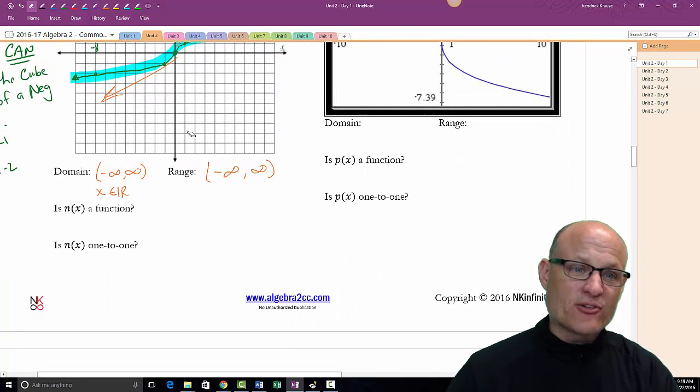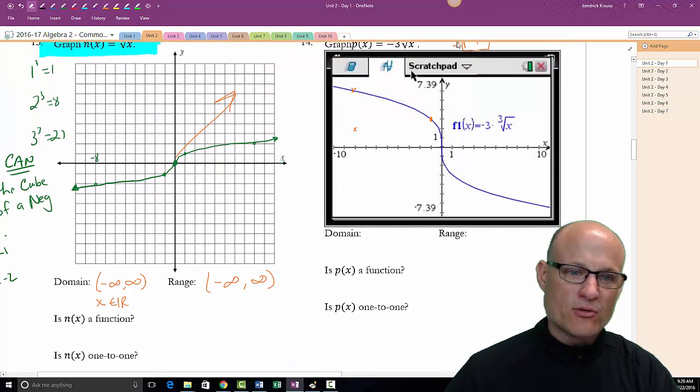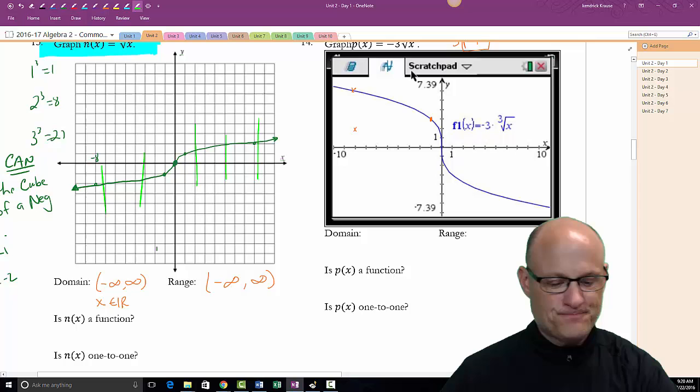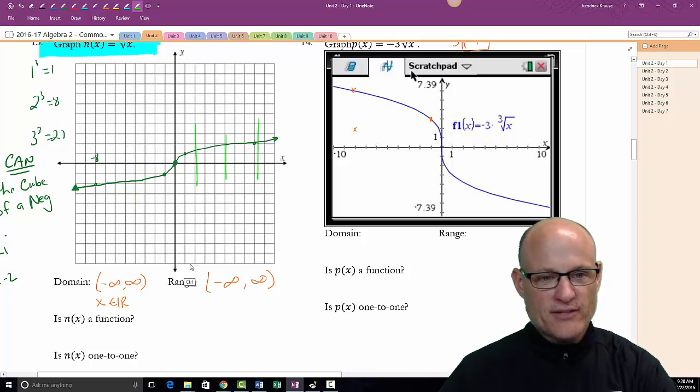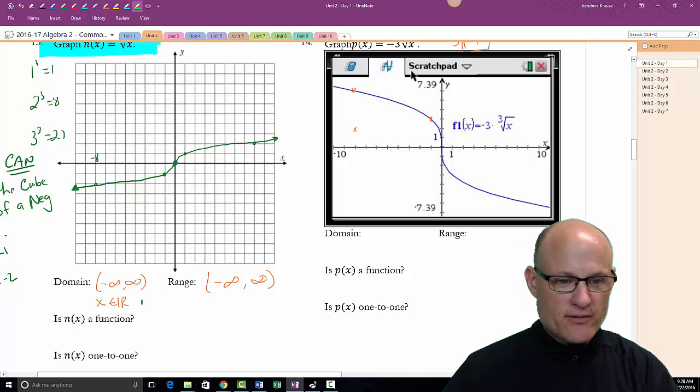Is it a function? Let's see if I can get rid of that blue and that orange. Okay. Is it a function? Well, of course, yeah. It passes the vertical line test over and over again. So, yes, it's a function.